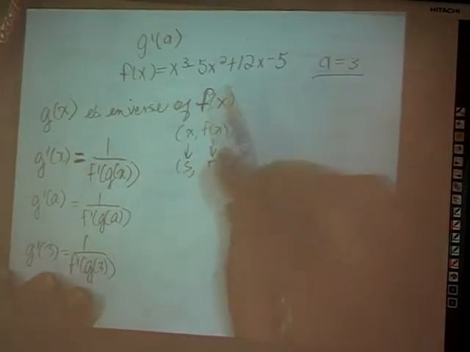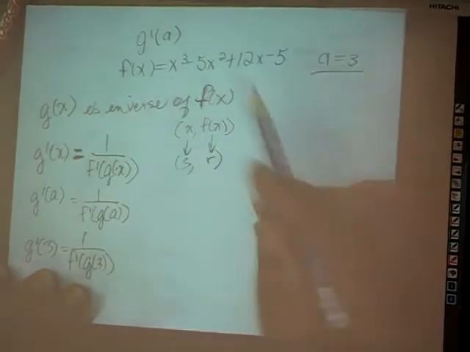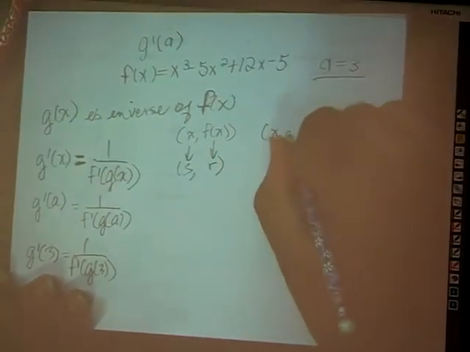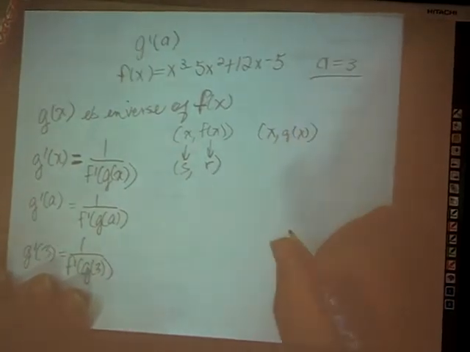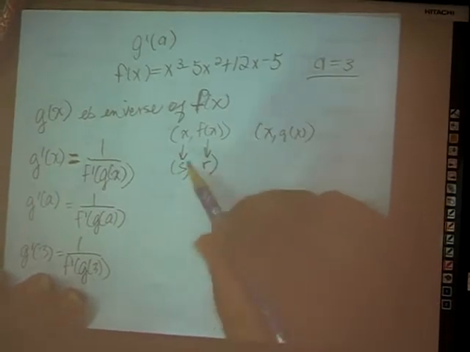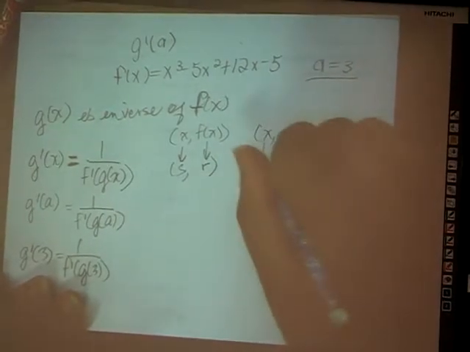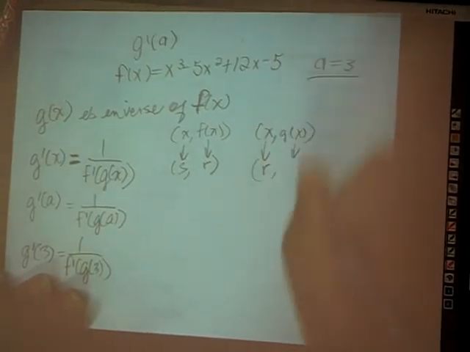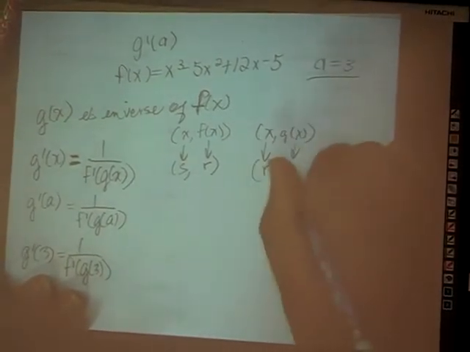Then if g is the inverse of f, any point x, f of x would be reversed. So the x value would be the r, and the y value, which is g of x, will be the s.